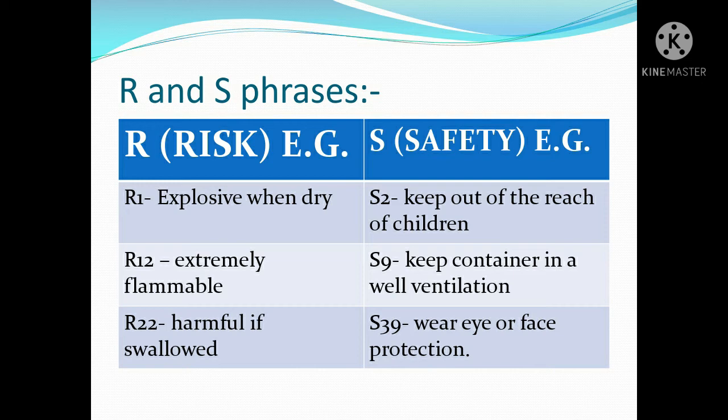R stands for risk while S stands for safety. R is categorized in three groups: R1, R12 and R22, while S, safety, is categorized in three groups also, which are S2, S9 and S39.